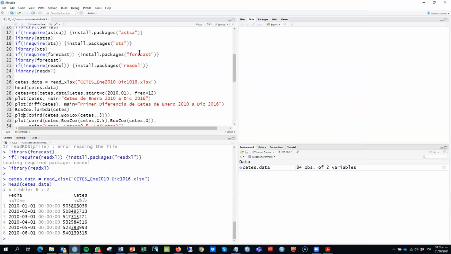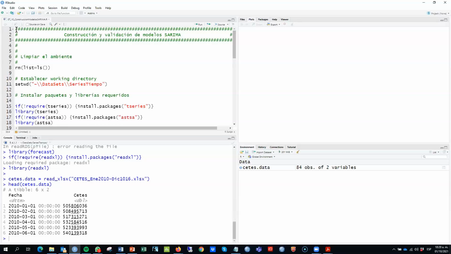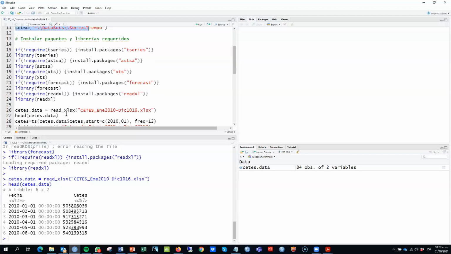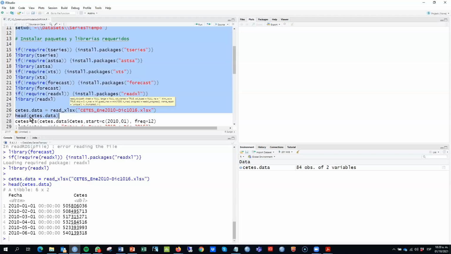That's in a script called ST10 Construcción de Modelos ARIMA. Download that script. You're going to use it to analyze the other series, and we're going to read the CETES data, which is an Excel file, and run up to line 27, so that you have your data in your workspace, in your environment already.